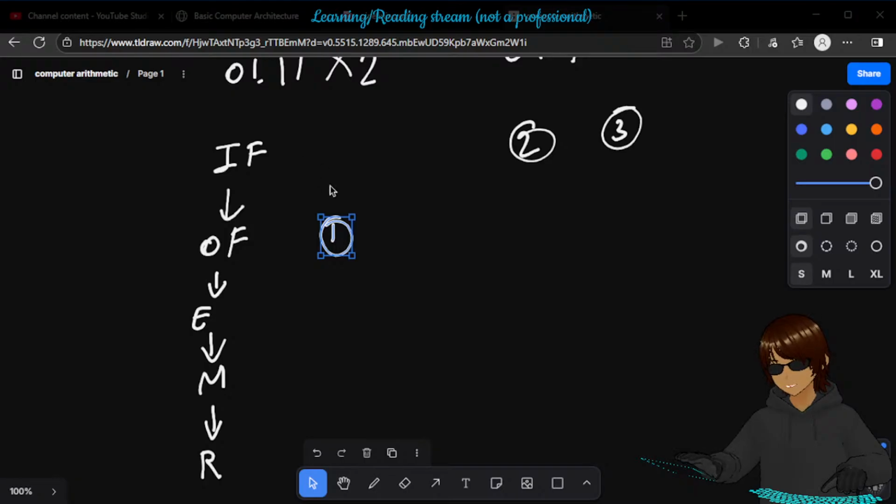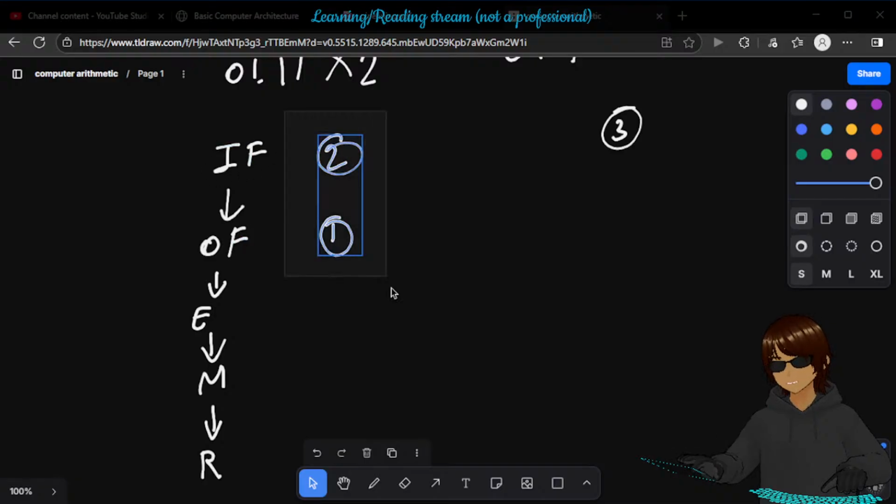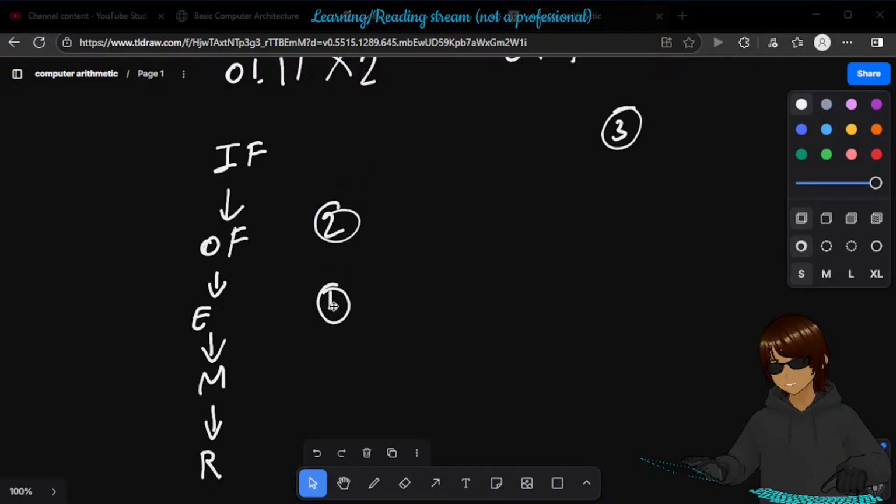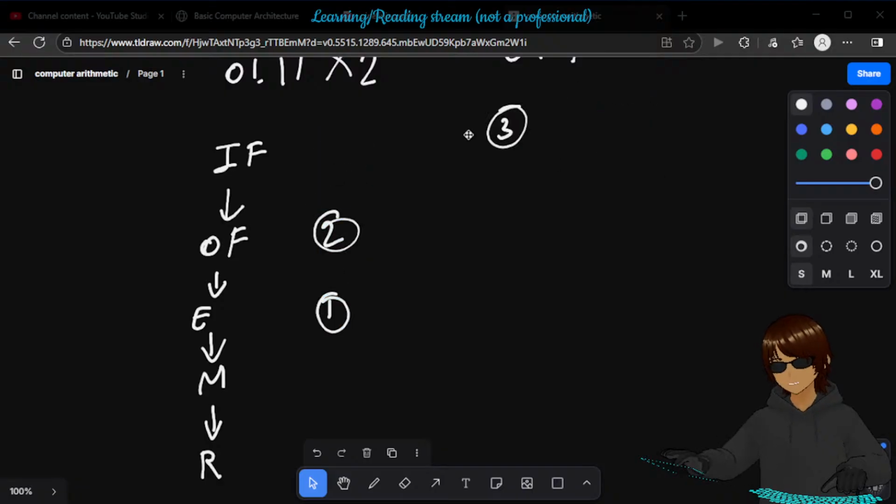But instead of waiting for the instruction to complete before starting instruction 2, they would start instruction 2 immediately in the next clock cycle. So when instruction 1 is in the operand fetch stage, the next instruction would be in the instruction fetch stage. And of course, these two go here. Instruction 3 will come here.